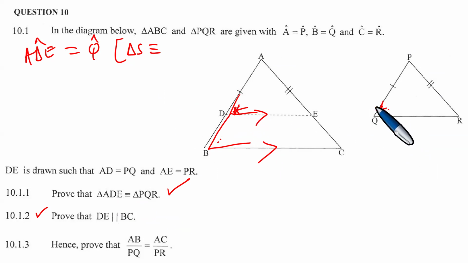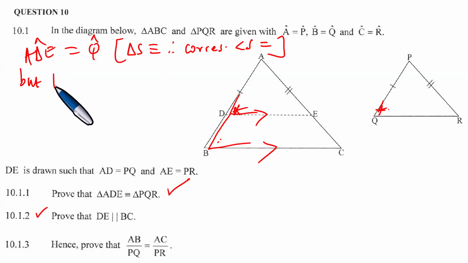So in other words, we then say therefore corresponding angles equal. Right, so that ADE is equal to angle Q, but angle B is equal to angle Q, as given up here.